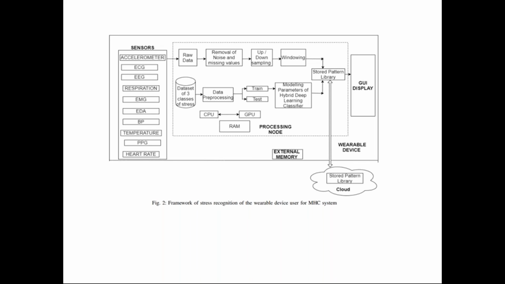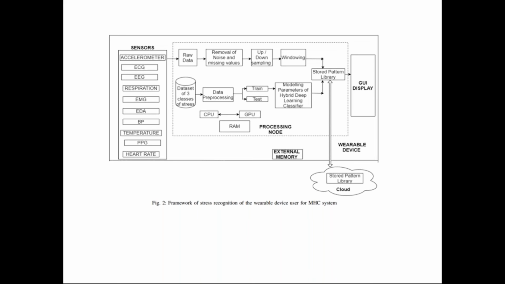So whether it is a positive amusement feeling or a negative stress emotion, we are able to quantify from that stress. So basically, there was a data set that was created for three classes. That data set was also pre-processed. The basic pre-processing shall be the same because the noise needs to be removed, and the missing values need to be compensated for.